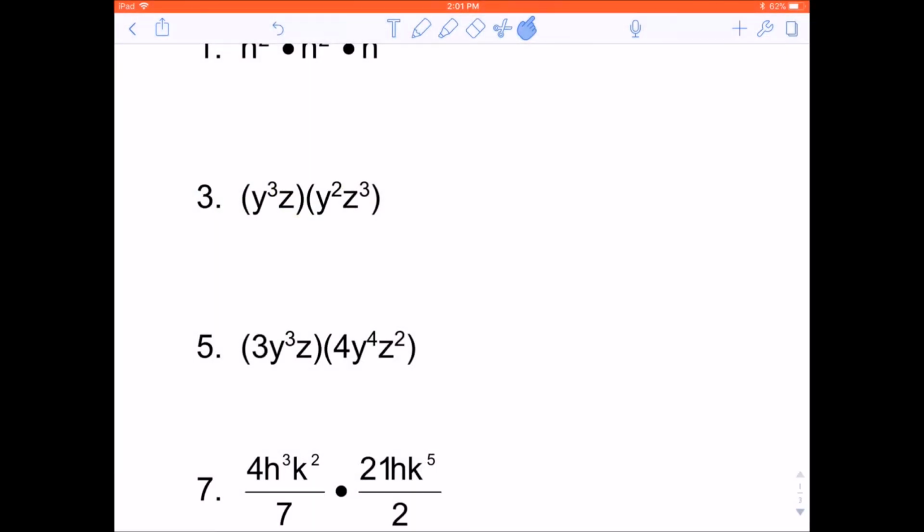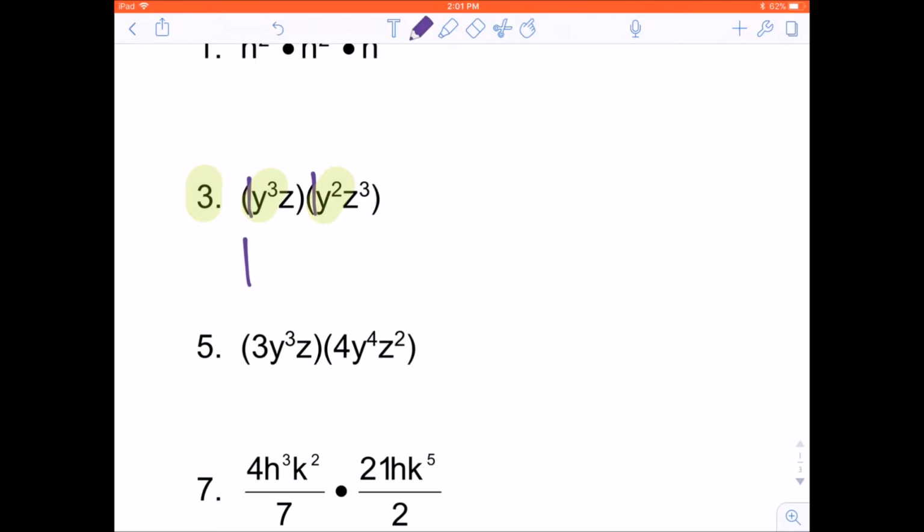Let's do a couple examples here before you start to practice. Let's look at number 3. We're going to start with our big numbers, our coefficients. Well, if you look here, there's a 1 here and a 1 here. And 1 times 1 is 1. Now let's look at our y's. Y to the 3rd times y to the 2nd. Remember, when you're multiplying exponents, it has its own little rule.